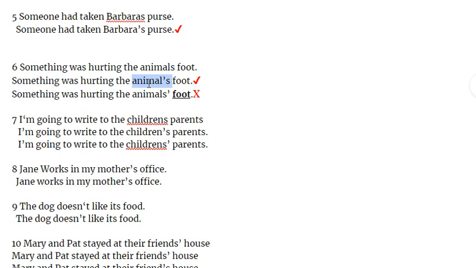Animal is singular. Yes, it is plural, but as you can see here, another noun followed. It is just singular, not plural. Food is singular.